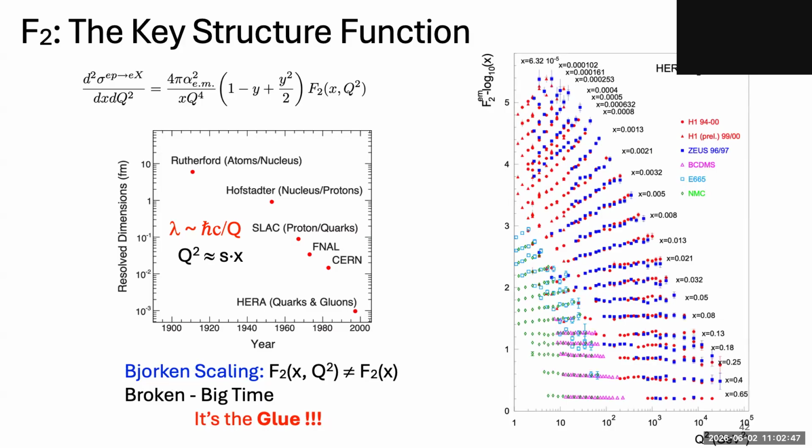That is the so-called Bjorken scaling. When you go to lower x, higher energies, shorter time scale, you start to see the fluctuation of the gluon, and the gluon starts to appear. Then you see that the structure function starts to show the scaling violation, and that is the presence of the gluon.